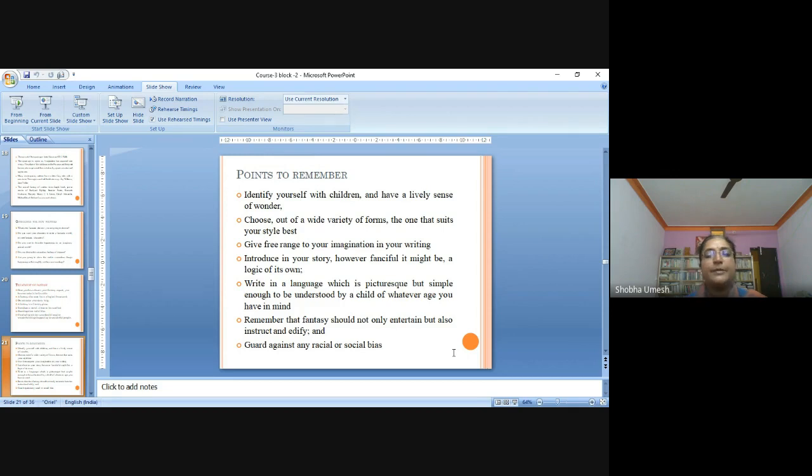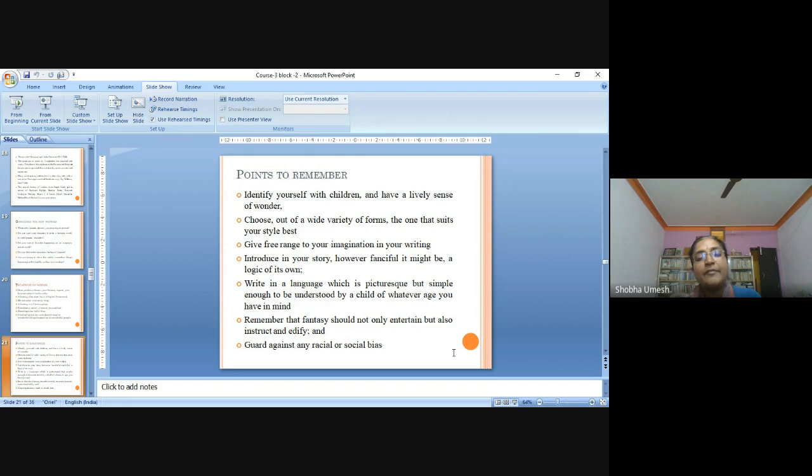So it is more advisable that we identify ourselves with children and have a lively sense of wonder. We should live in the dreamy or fantasy world of the child. Then only can we learn the mentality of the child, so that we can write according to his understanding.